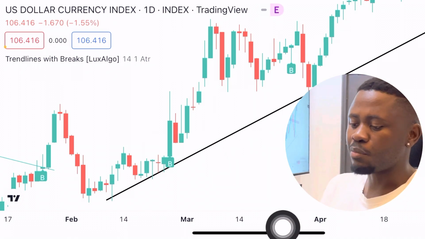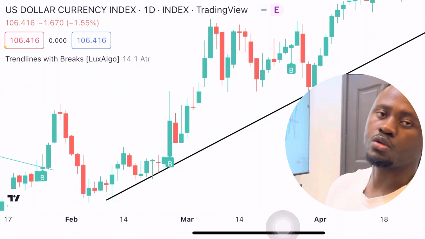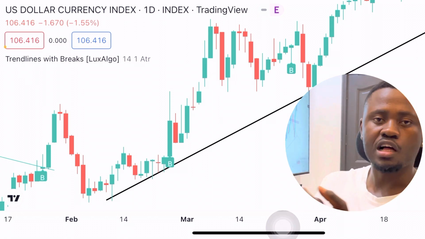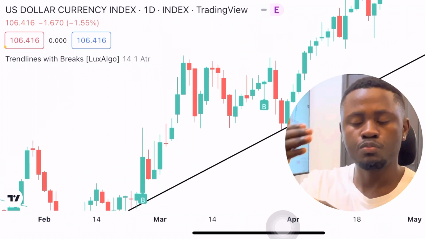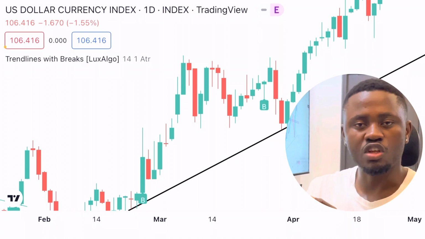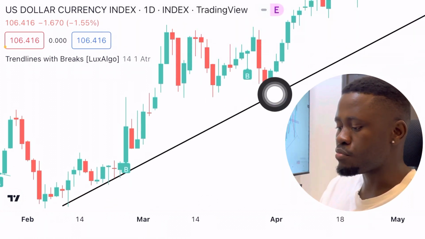As I told you, apply the Trendlines with Breaks indicator by LuxAlgo. That's the indicator you should apply, so it will draw the trend lines for you. Now your job is only to wait for price to come back to that trend line, and then you take the trade. As you can see, we would take our buy trades from here.